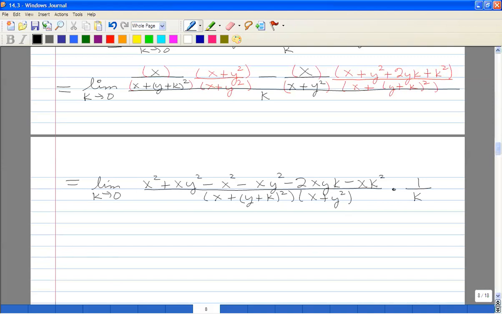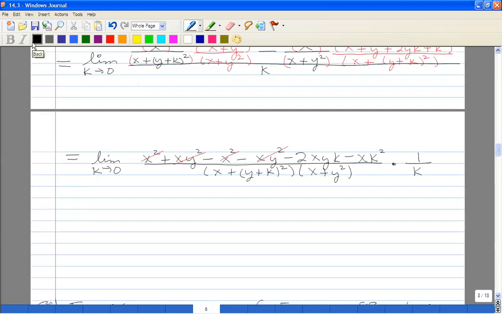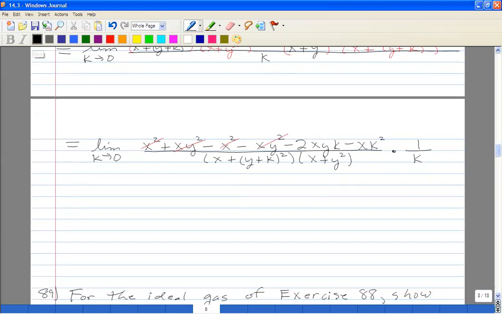So let's cancel x squares, xy squares. And so I get the limit as k approaches 0.